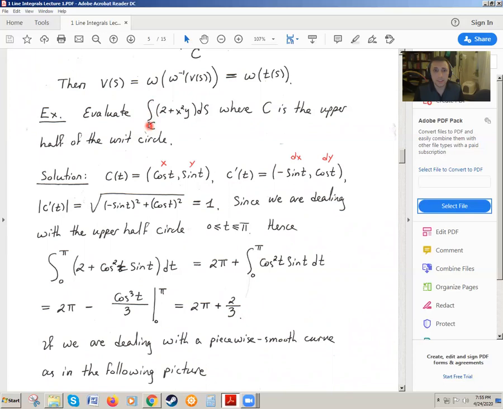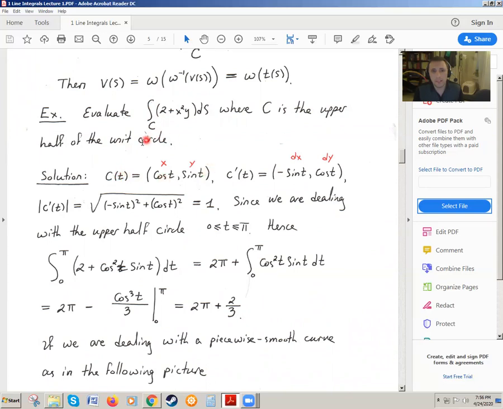This is an integral over the curve C, where C is the upper half of the unit circle. What we have is 2 plus x squared y squared. I don't recognize this function over this curve as something necessarily that simple, but that's not necessary. So here is what we have.